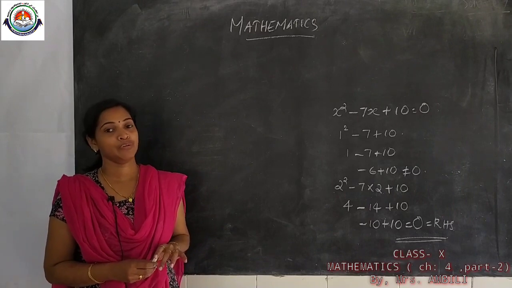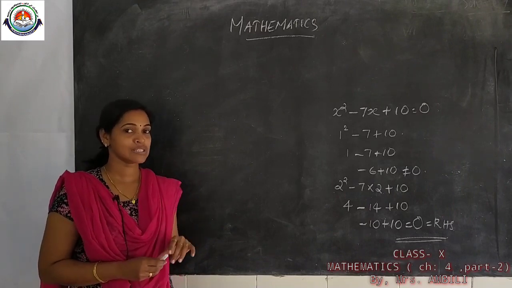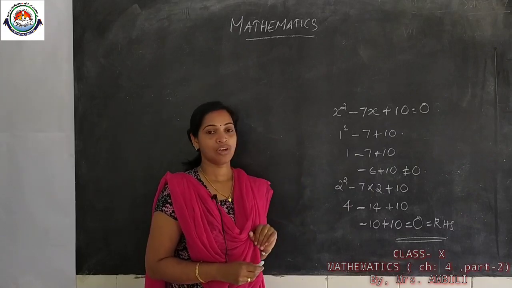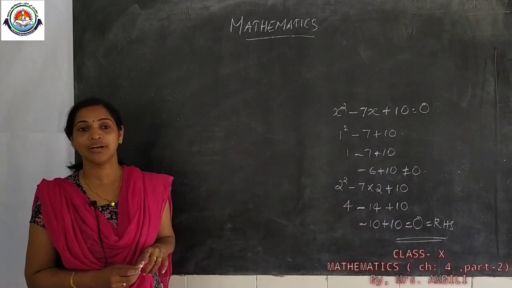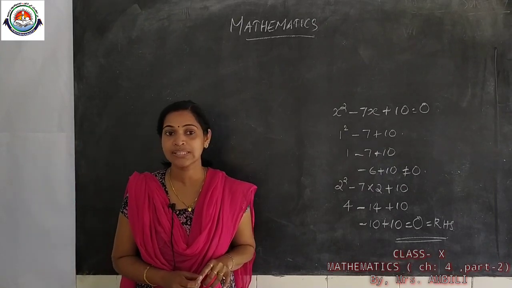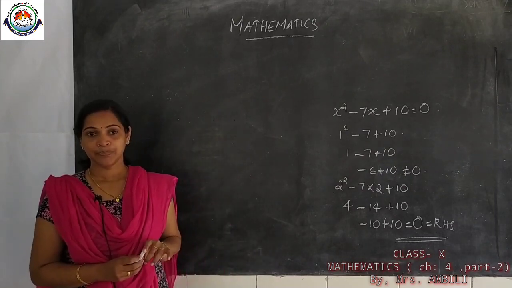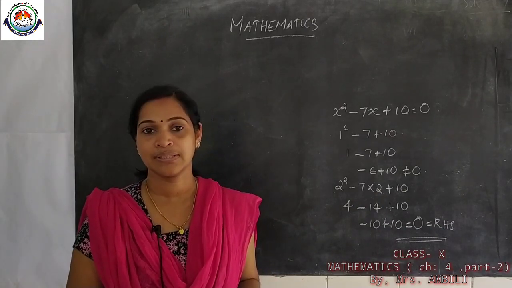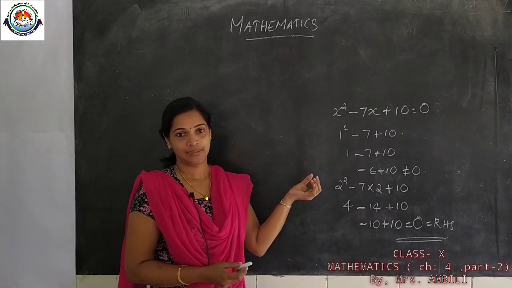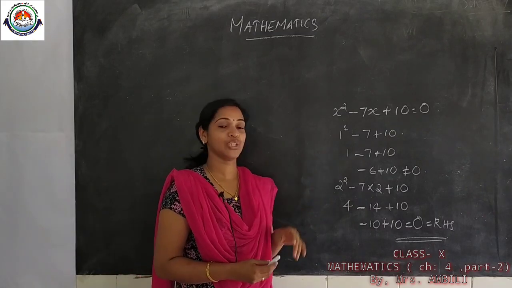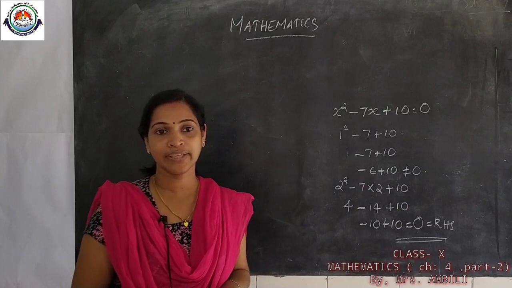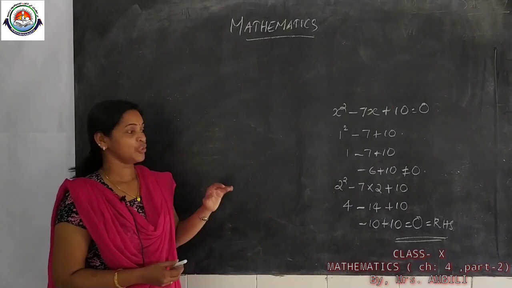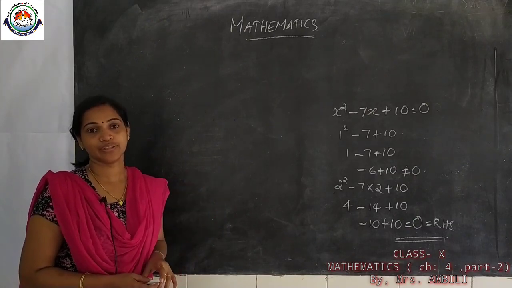Every quadratic polynomial has at most 2 zeros, so every quadratic equation can have at most 2 roots. Clear? The process of finding the roots of the equation is known as solving the equation.